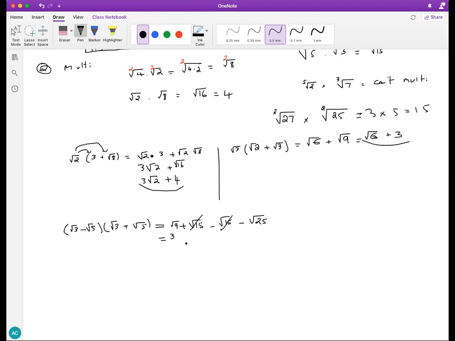And finally, minus radical 25, which is 5. 3 minus 5 is basically negative 2. So this whole thing, when multiplied, turns into negative 2, which is very convenient and simple, instead of having this long expression here. So you just distribute and simplify accordingly.